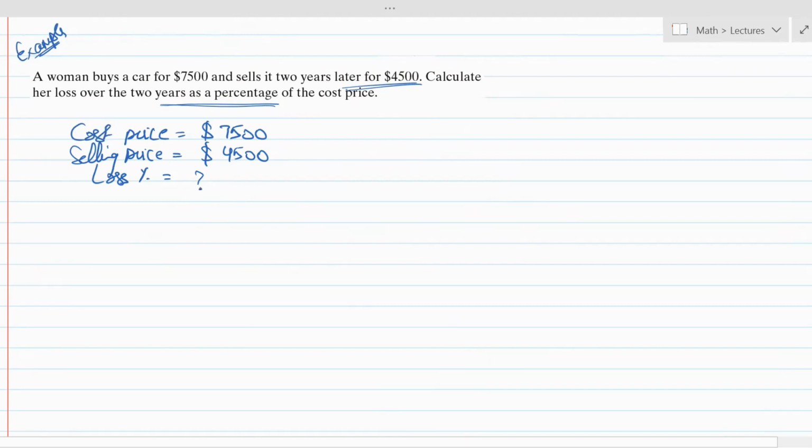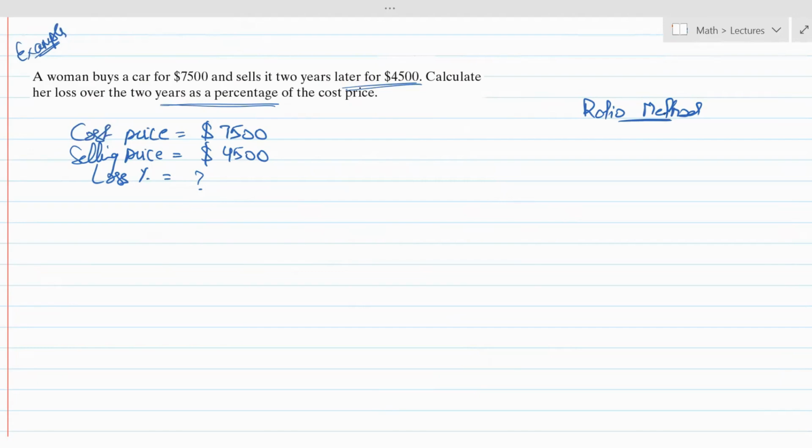And to calculate the loss percentage, since it's about percentages, here again, we can apply the concept of ratios, the ratio method. And for ratio method, if you don't know the ratio method, you can refer to my video, which is about ratio method. And whenever we have ratio method, we will be dealing with two quantities.